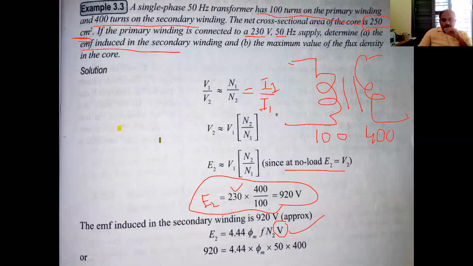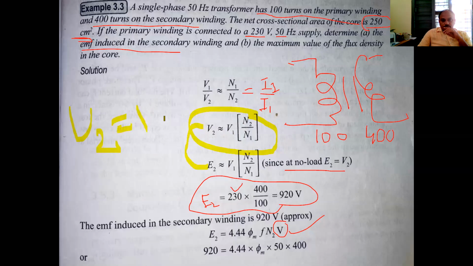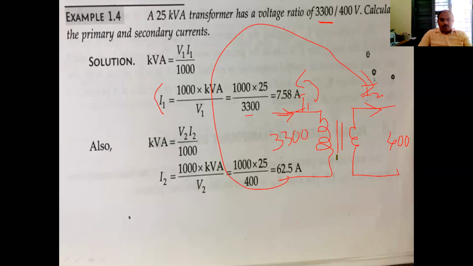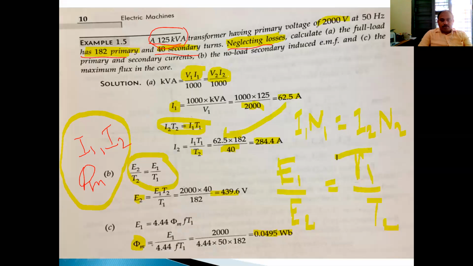So V2 by V1 equals N2 by N1, the same relation. If you neglect the impedance drop, V2 equals E2.